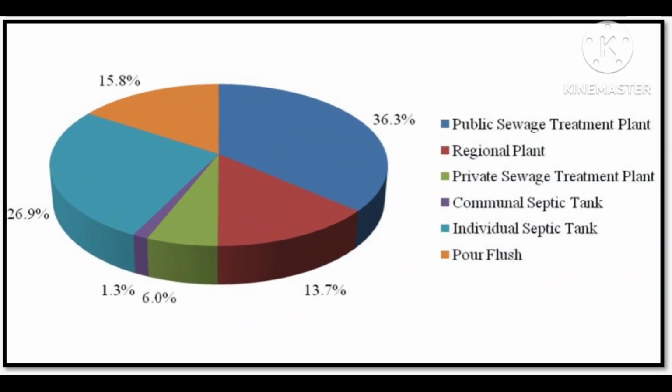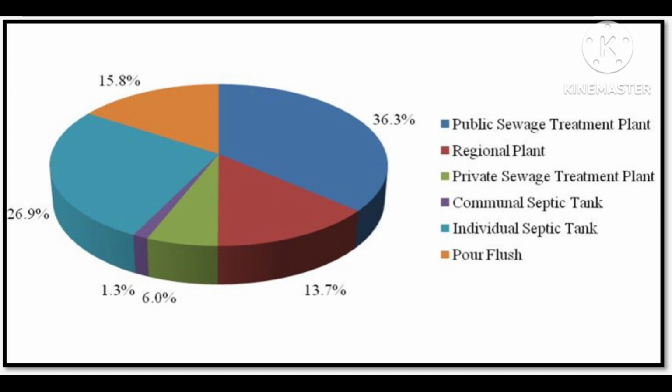The pie chart shows the wastewater capacity in Malaysia. As you can see, the highest is public sewage treatment plant, which is 36.3%, followed by individual septic tank by 26.9%.